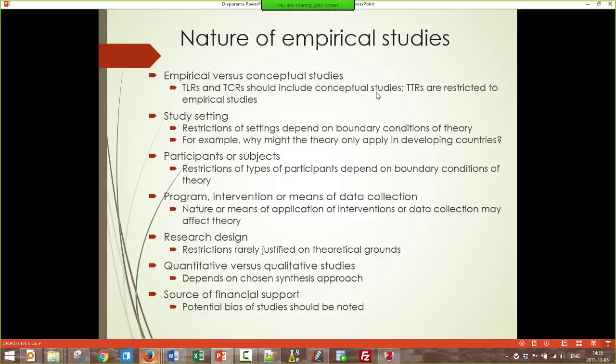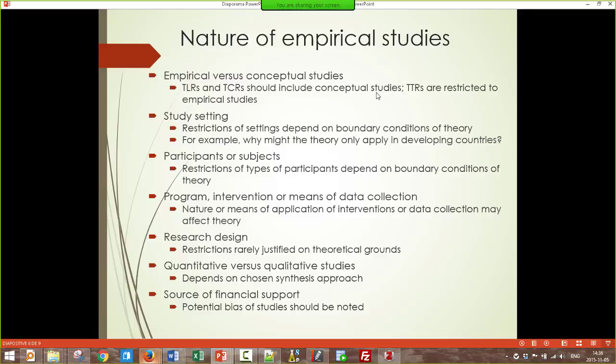Because if you have data, then the data supports your argument. But if you don't have data, then your argument had better be really strong in order for your work to be published. And so a lot of conceptual studies are very carefully thought through, because without that, they would not be published.